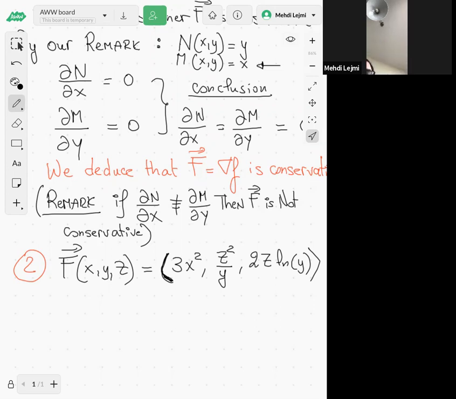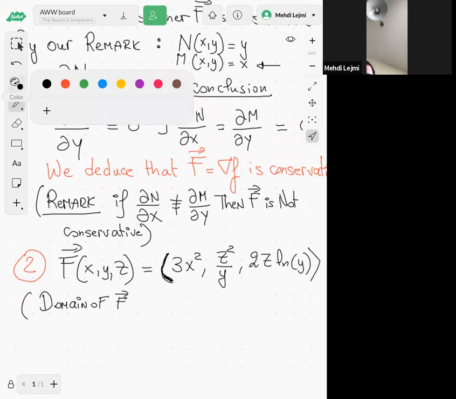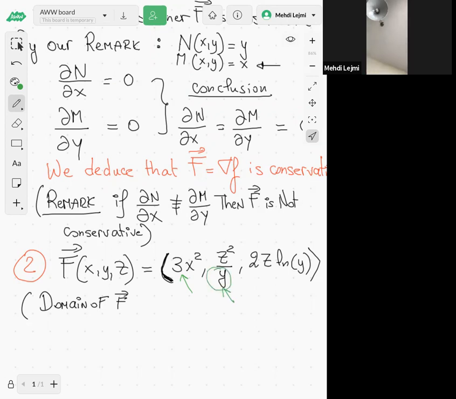Okay, so this is our vector field. You can check that the domain of this vector field is actually simply connected. So just be careful. The first component, 3x squared, is defined for any x, y, z. But for the second component, we have to remove the case when y is equal to 0, because we are not allowed to divide by 0.